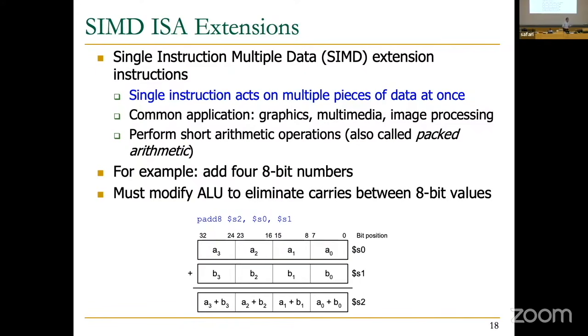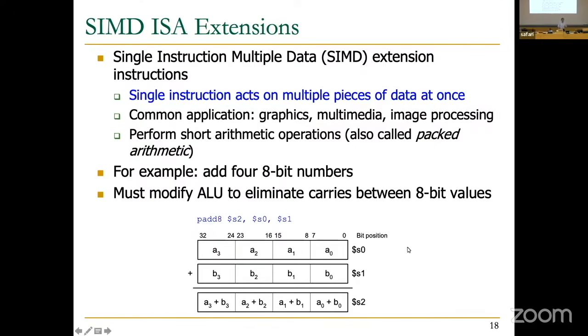You basically act on 4 elements at a time. Here you can see an example at the bottom from an earlier Intel multimedia extension instruction. And why were these introduced? As your recommended reading describes very clearly, people wanted to accelerate graphics, multimedia, and image processing applications that were becoming more popular in the 1990s.